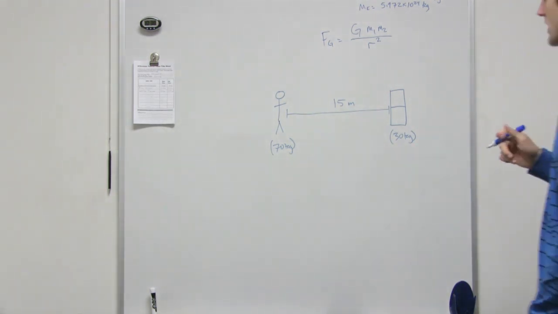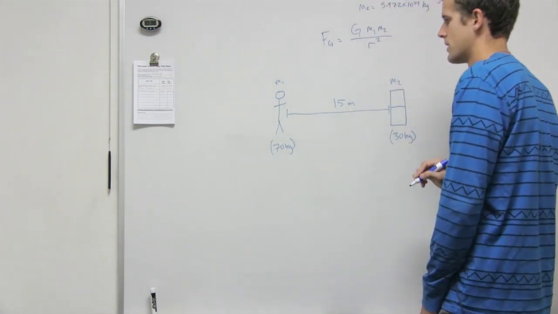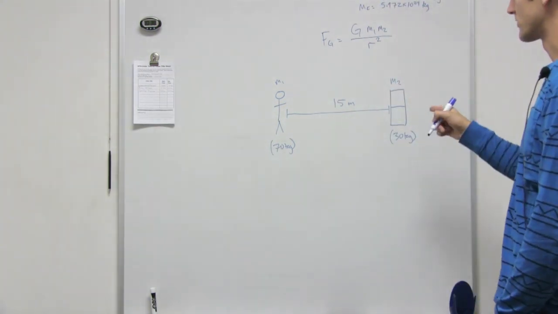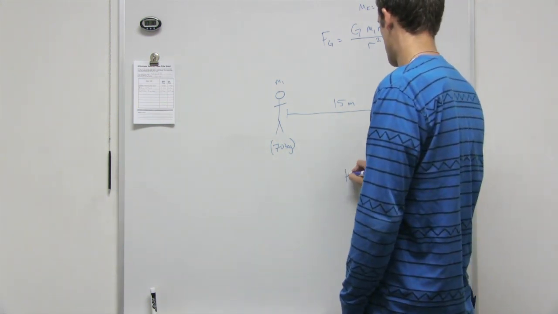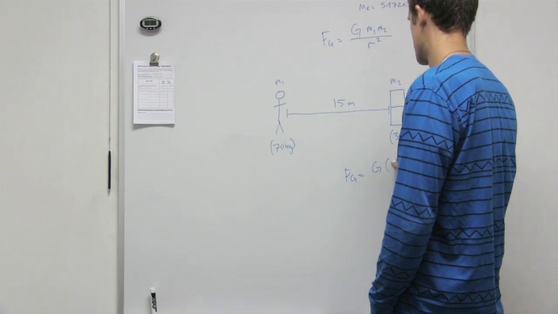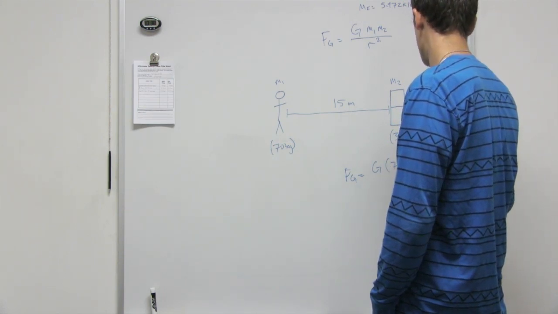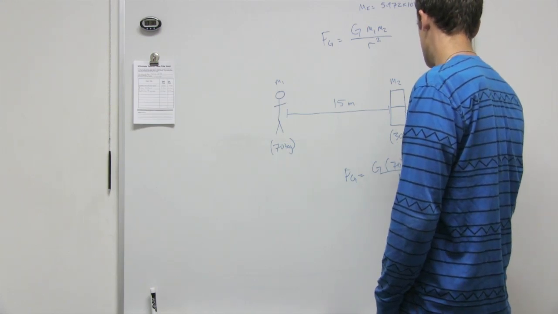What it's saying is, this would be M1, this would be M2. And you say, what's the force of gravity between these two? You plug it in: force of gravity is going to be equal to G times 70 times 30 all over 15 squared.